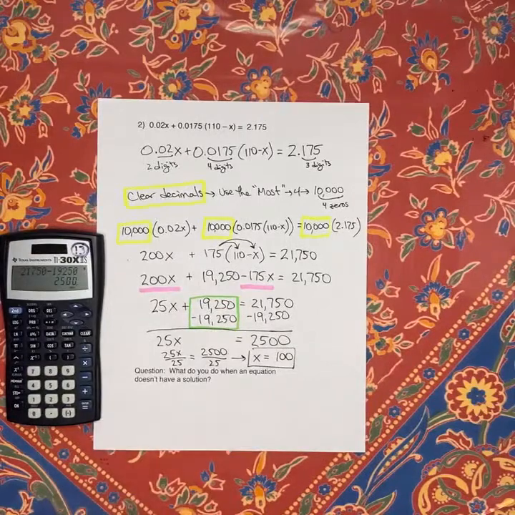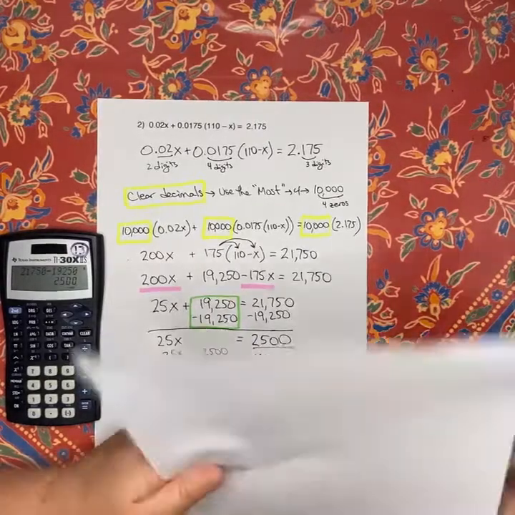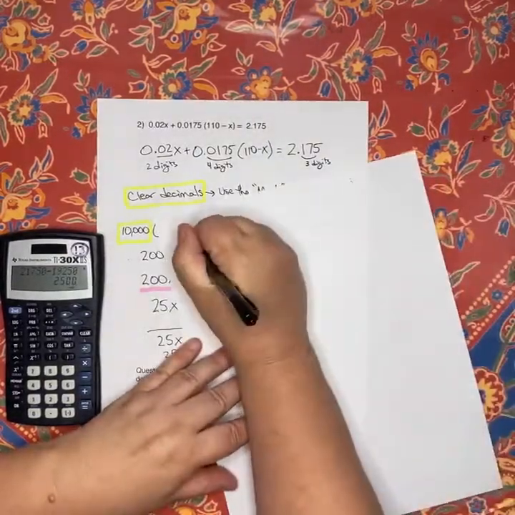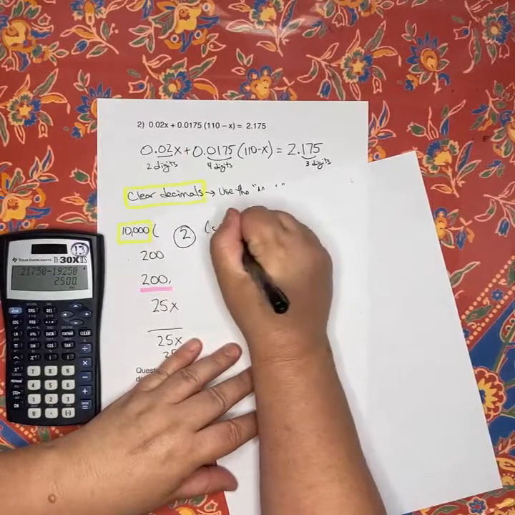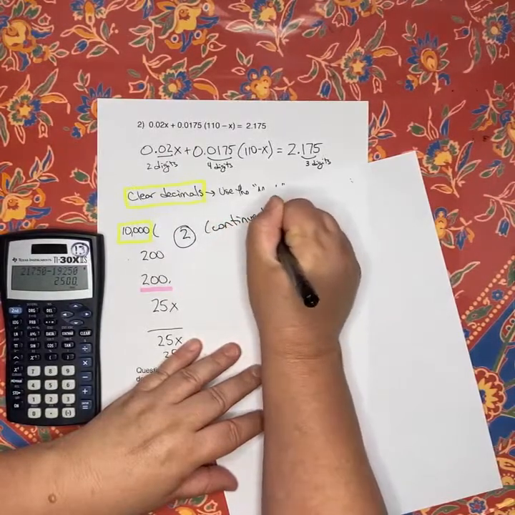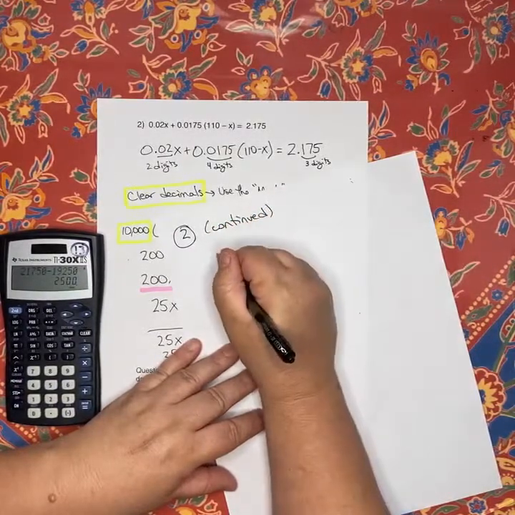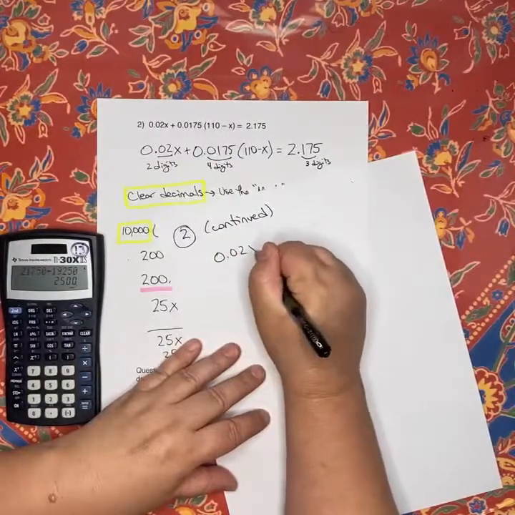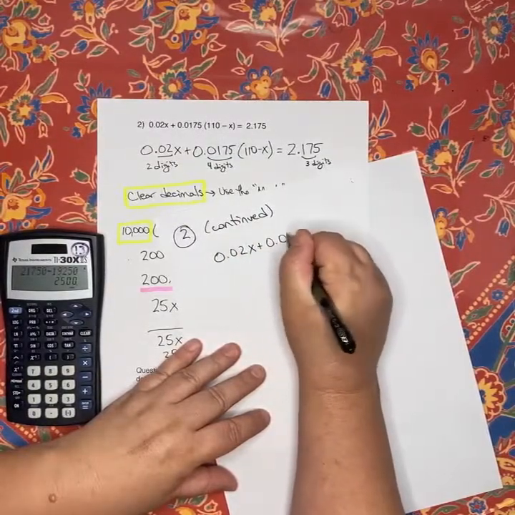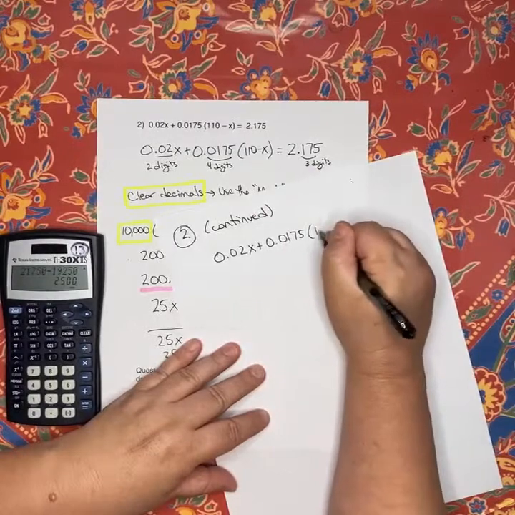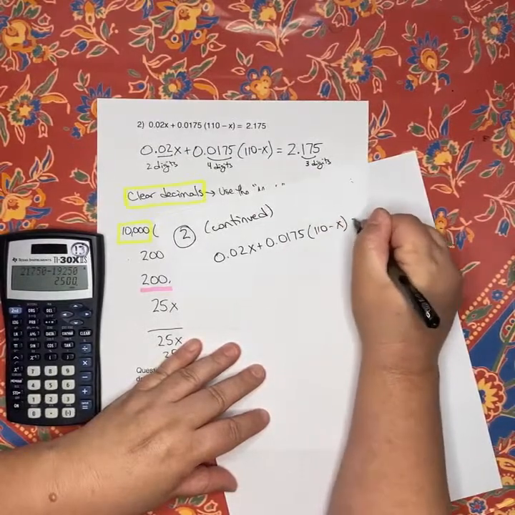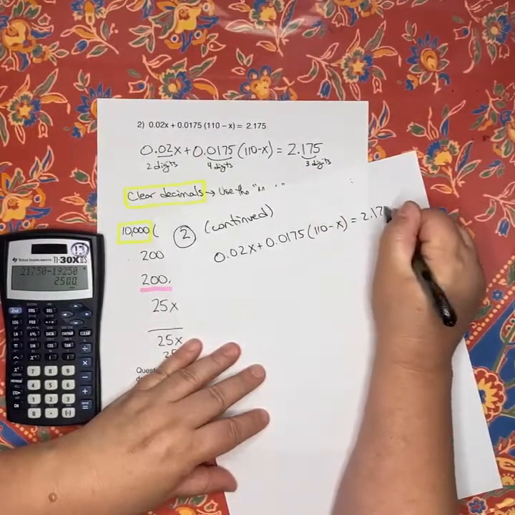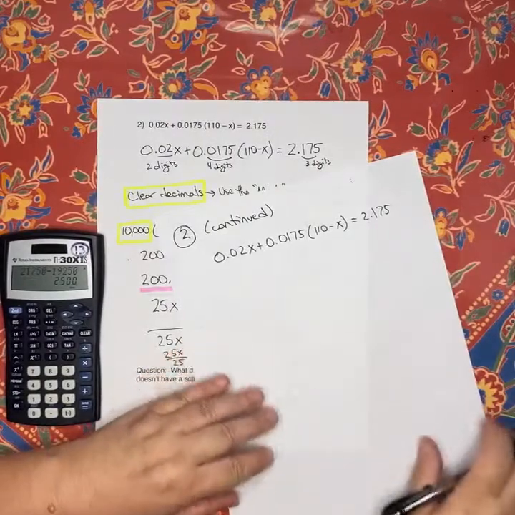Yay! Except, what do we have to do? Oh no, we have to check. I get the original problem, 0.02x plus 0.0175 times 110 minus x equals 2.175, and let's plug in the 100.